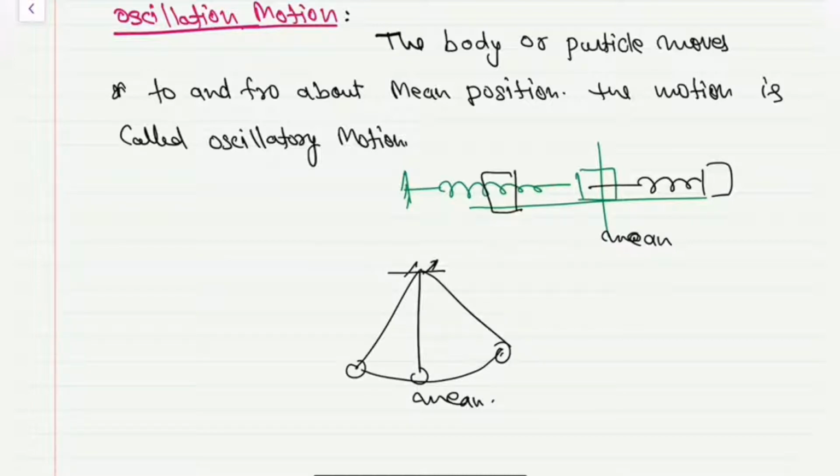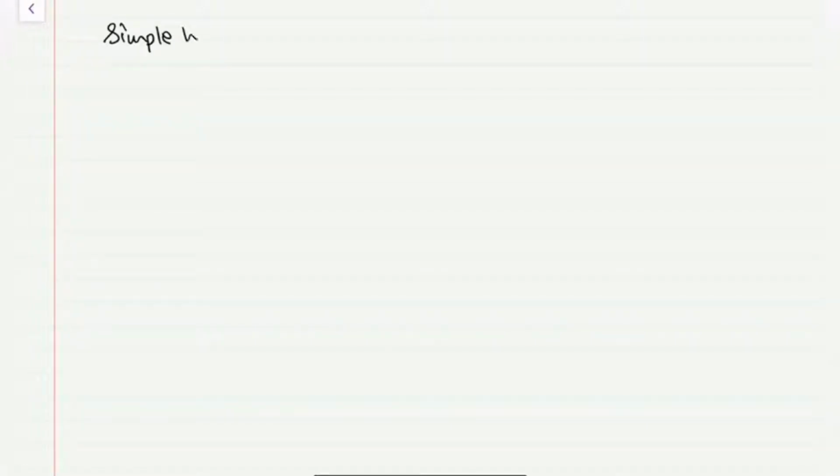Now after oscillation, there is a special type of oscillation, and this motion is called simple harmonic motion. So what is simple harmonic motion?